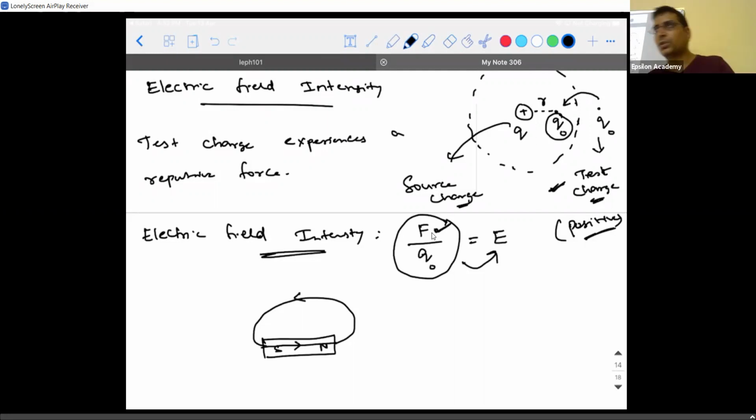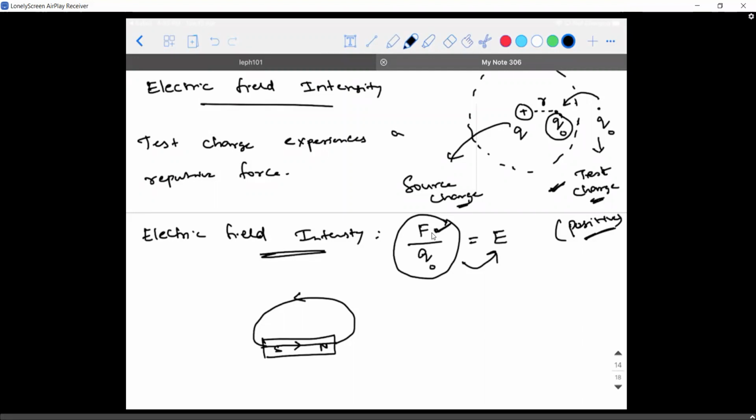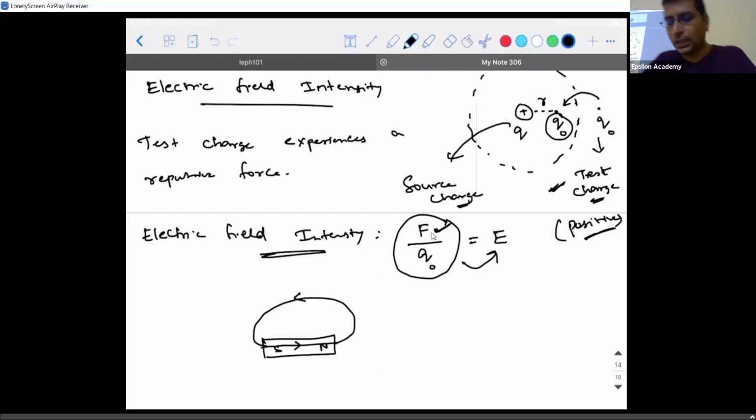Now I have a question. Who told you that magnetic field lines are always from north to south? Why couldn't it be from south to north? Who is deciding? What testing process did you do to find out? Using another magnet. What is the other magnet that you are going to use? With the help of another magnet, what are you going to find? It has nothing to say about magnetic field lines.